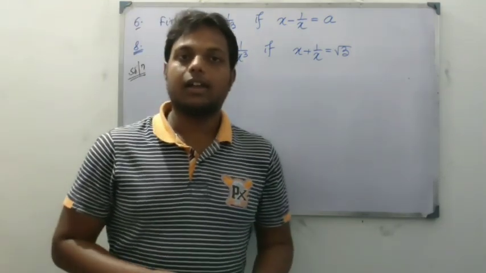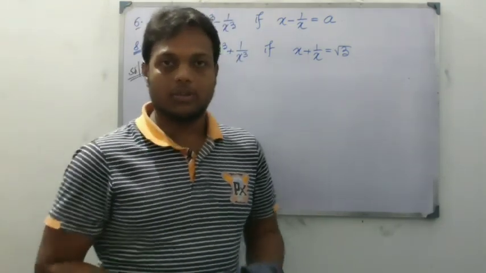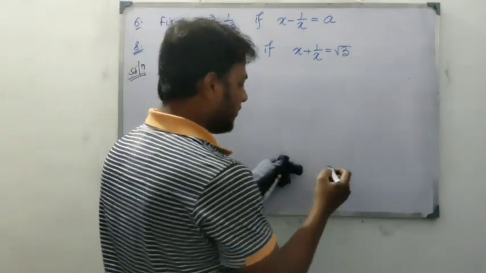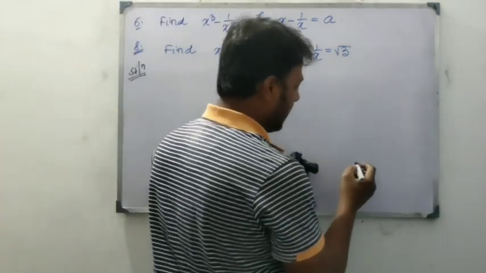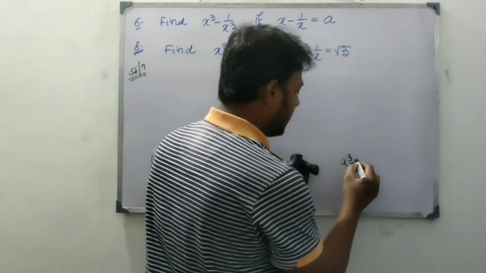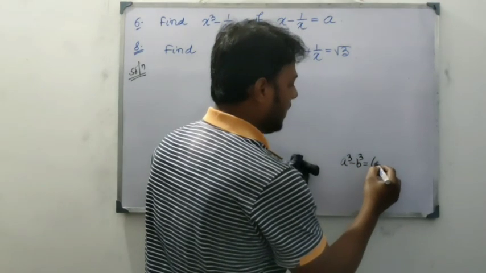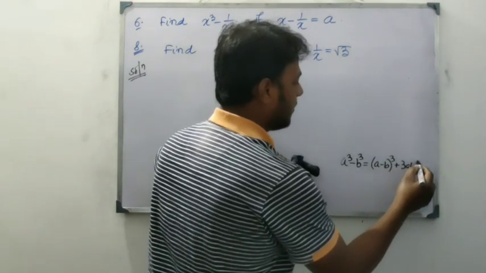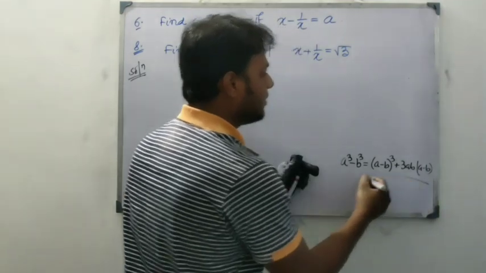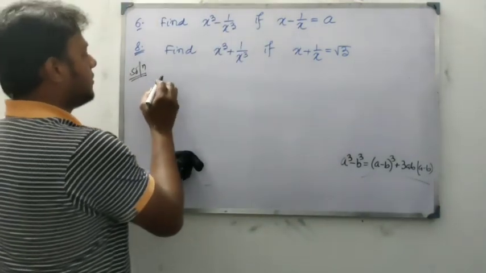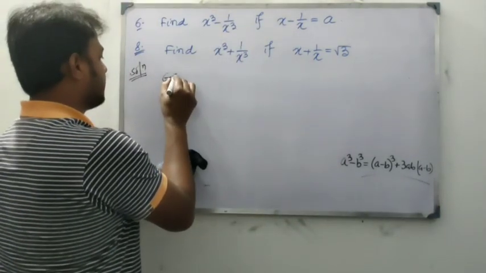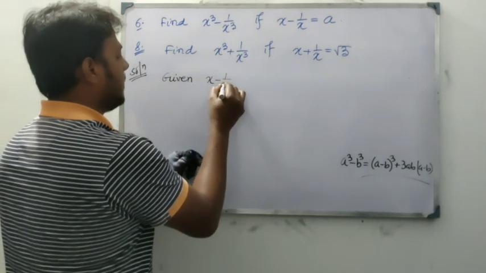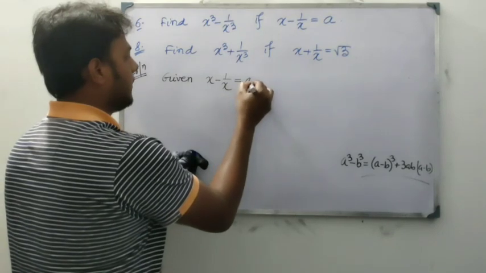So we need here the identity for a cube minus b cube. Just to remind you, I am writing here that a cube minus b cube equals (a minus b) whole cube plus 3ab into (a minus b). So we have to use this one. Write down, given x minus 1 by x equals a.